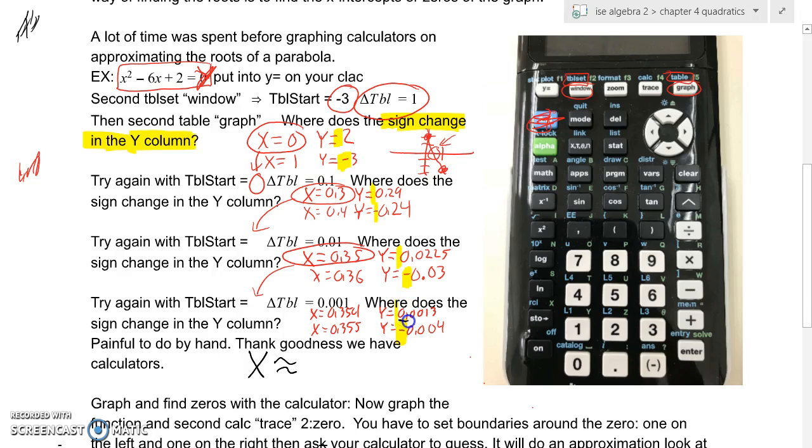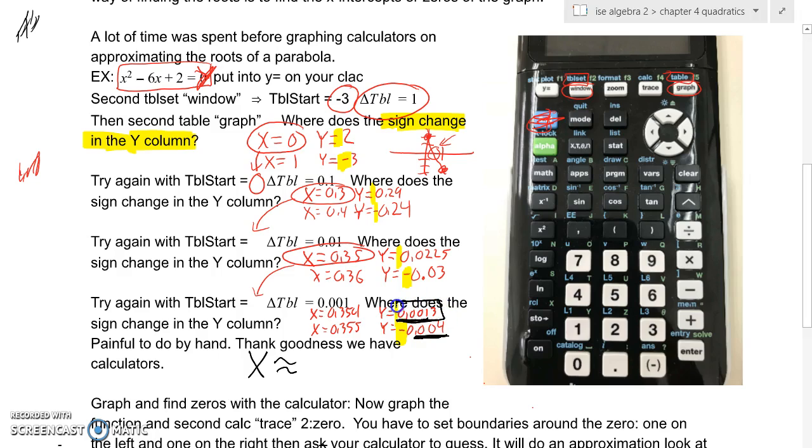So my x is about, which one of those is closer, which y value is closer to the x-axis. This one is 0.0013, and this one is 0.004. So this one is 4/1000ths away from the x-axis, while this one is 1/1000th and a little bit, 3/10,000ths.